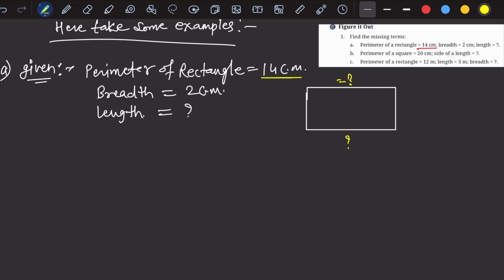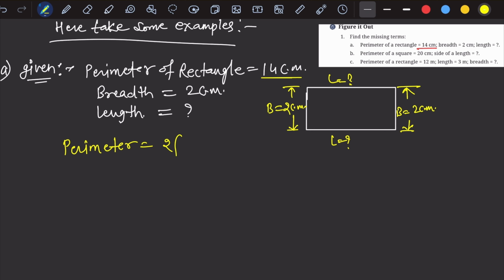This one is L, and breadth B is equal to 2 centimeter. This is what is given in the question. Now we know the perimeter formula. Perimeter equals 2 into (L plus B).